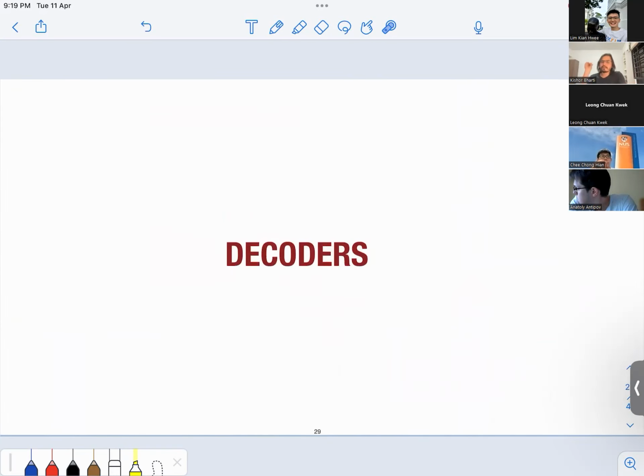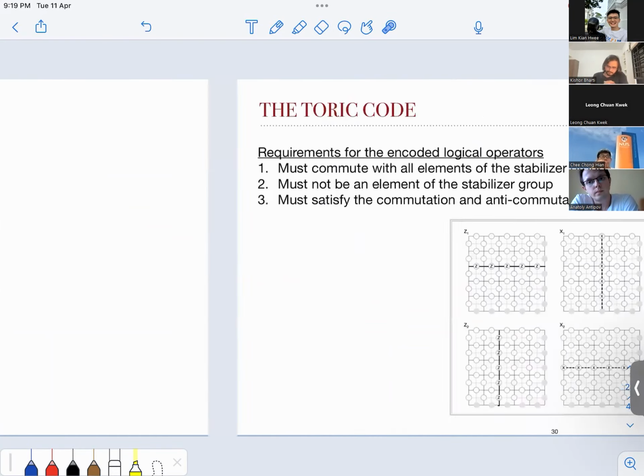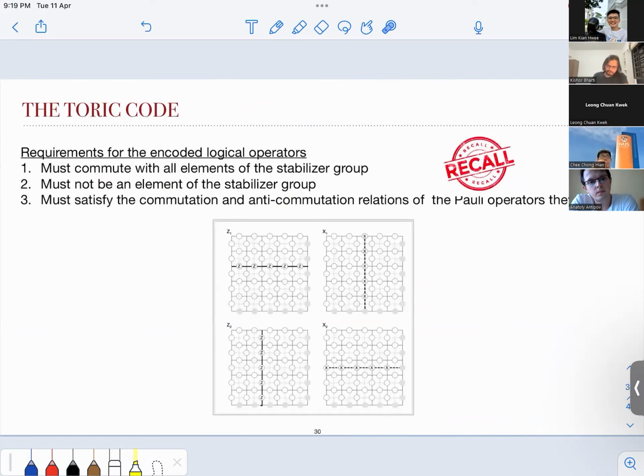Okay, so that's it. Now we come to the final part, which is about decoders. If you recall, we talked about our logical Z operators and X operators.